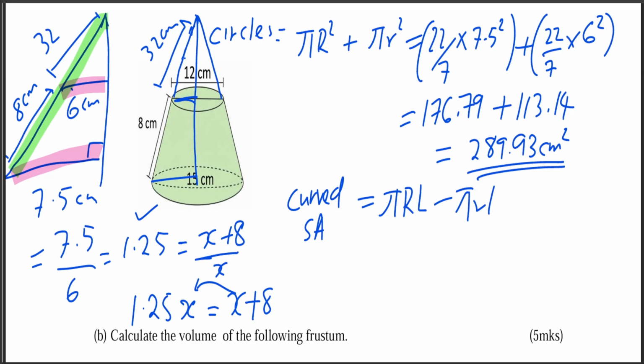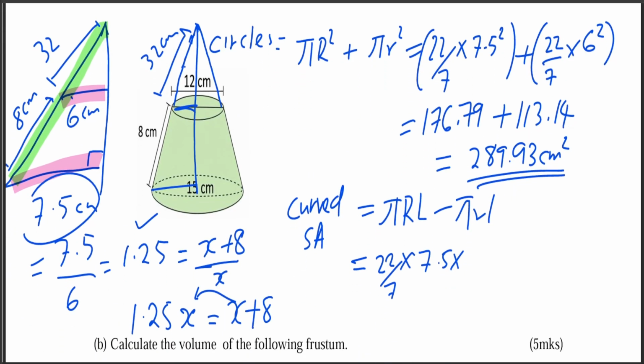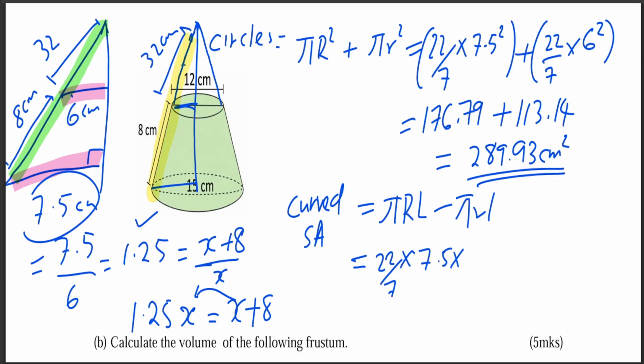So now we said it is pi RL. So 22/7 times this larger radius. The larger radius is that 7.5 here. 7.5 times the slant height of the bigger one, and the bigger one is from top to bottom, where this one, and that is 32 plus 8, and 32 plus 8 obviously is going to give you 40.